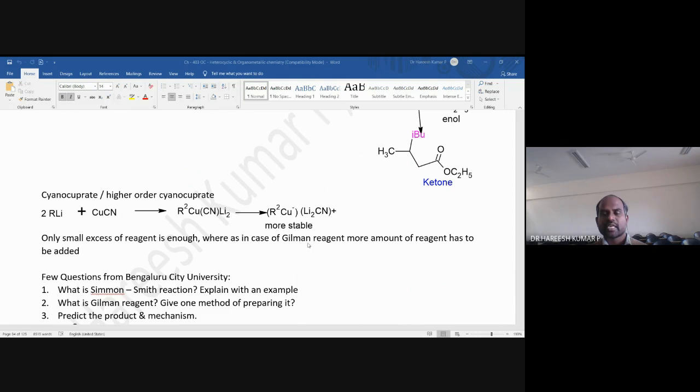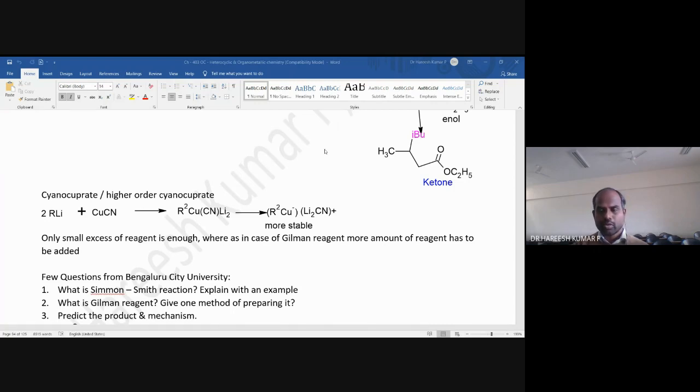Whereas in the case of Gilman reagent, more amount of reagent has to be added. So for this particular one, less quantity is enough to act like a Gilman reagent, whereas the Gilman reagent requires more quantity of the reagent. That is the advantage of cyanocuprate, or the higher order cyanocuprate.